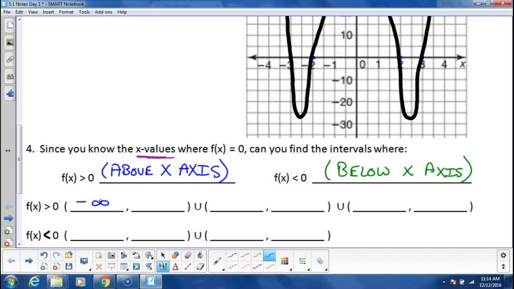Then I work my way to the right and I get to negative 3. What happens at negative 3? It doesn't dip below, it reaches it and crosses over, right? Okay, that's my crossover point. So I'm positive all the way up to negative 3, but then it crosses over, and so now I'm below.